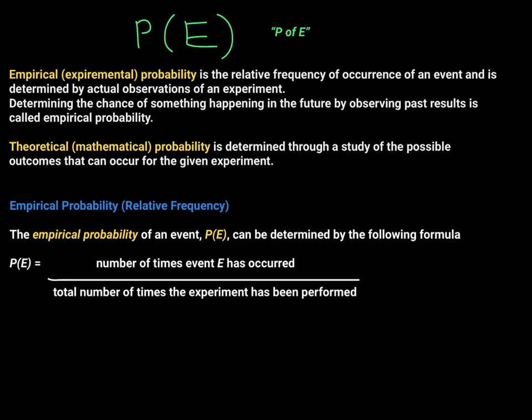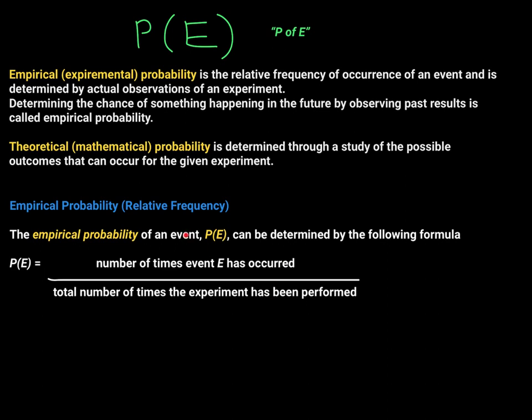What's really important is that the probability of an event, P of E, this entire fraction, will always be a number between 0 and 1, inclusive. You can express it as a decimal or a fraction, okay? But an empirical probability of 0, for example, indicates that the event has never occurred.